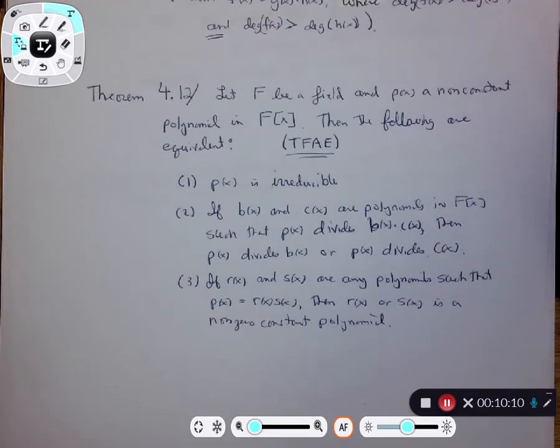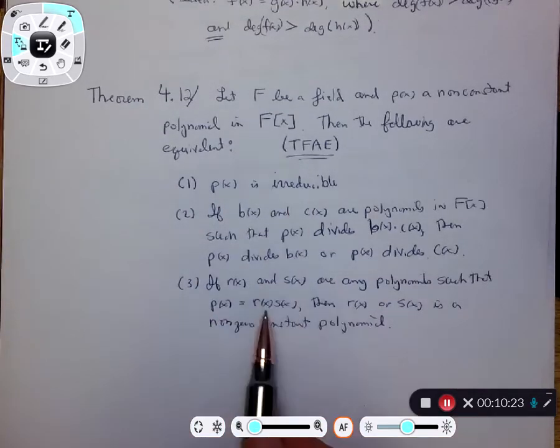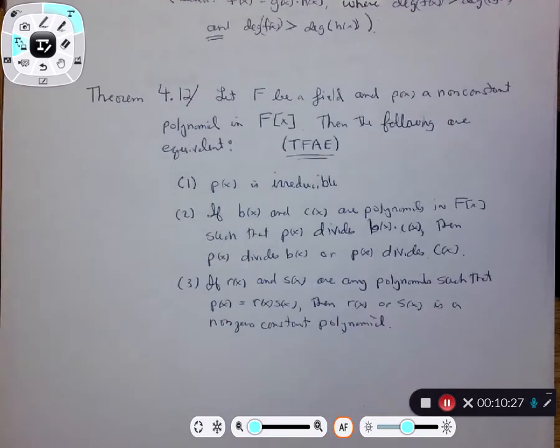What do you think of when you think of a prime integer? It's an integer that can't be factored except by plus or minus 1 and plus or minus itself. Okay, so we extend that a little bit. For an irreducible polynomial, you can only factor it by a non-zero constant and another term which would have the exact same degree. You can't break it down by a degree.